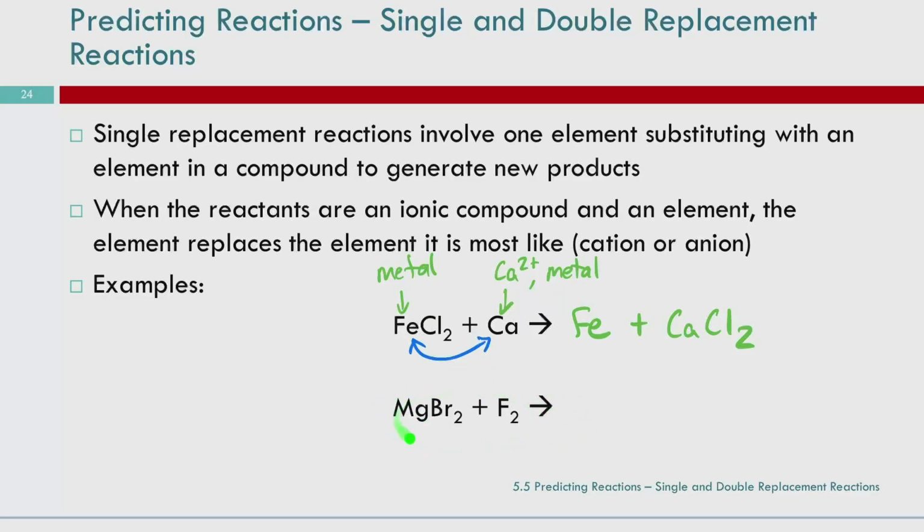For this lower example, we want to pick which of these two, Mg or Br, is most like F. So fluorine is most like which of these two, magnesium or bromine? Fluorine is a nonmetal, it's a halogen. It'll form F-. Which of these two, Mg or Br, is a nonmetal and going to form a negative charged ion?